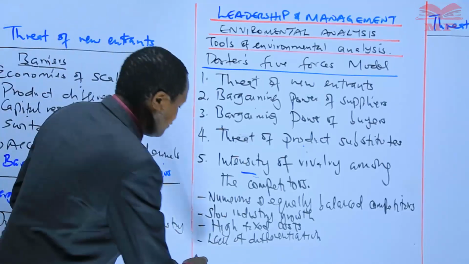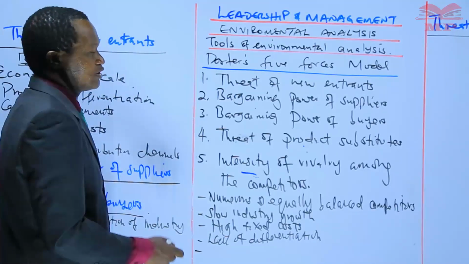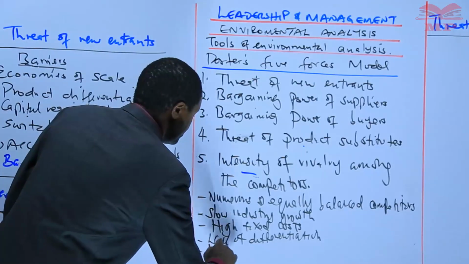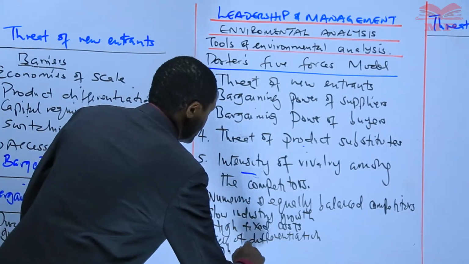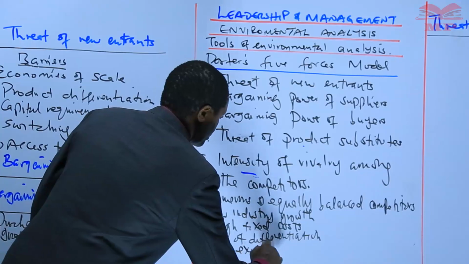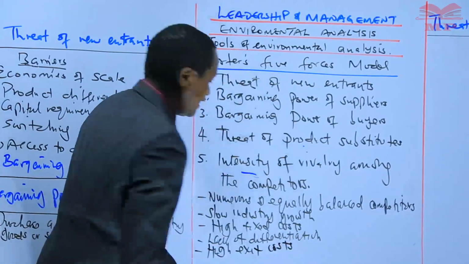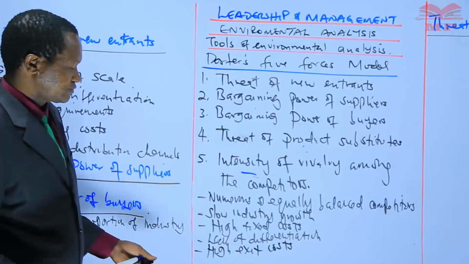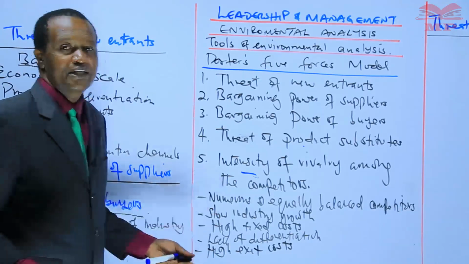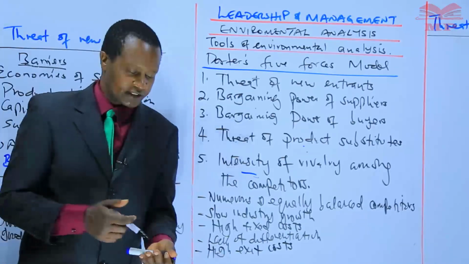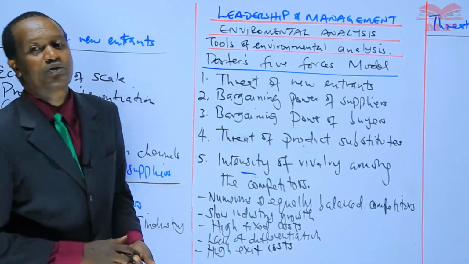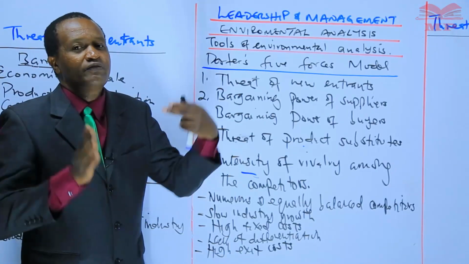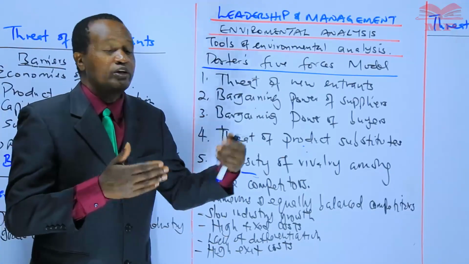We may also have high exit barriers as a cause for intense rivalry. High exit costs or barriers, when there are many exit barriers. Sometimes companies continue competing in an industry even though the returns on their investment capital are low or even negative.